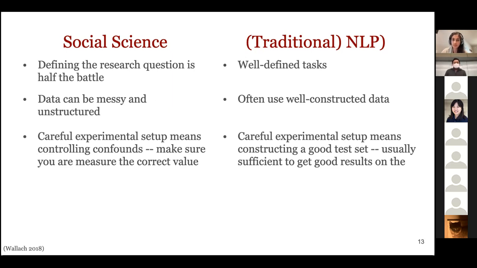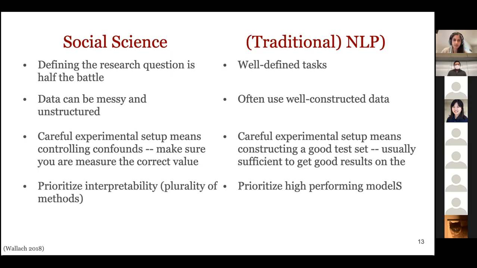This is really important in a socially oriented setting. But a lot of times in NLP, we evaluate models based on their test set accuracy. And as long as we're getting good accuracy on the test set, we don't always care as much exactly where that accuracy improvement is coming from. And I'm generalizing a lot here. Certainly there's a lot of people who would say that's not true in an NLP setting. But in general, that's how we're measuring performance in NLP: on test set accuracy.